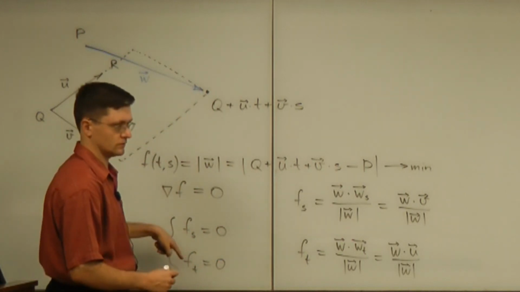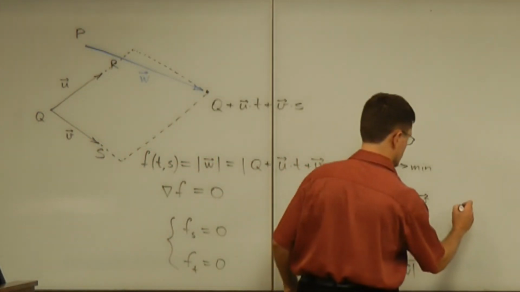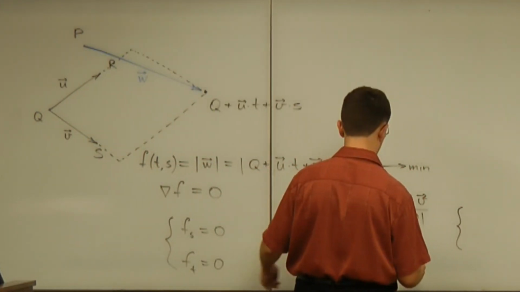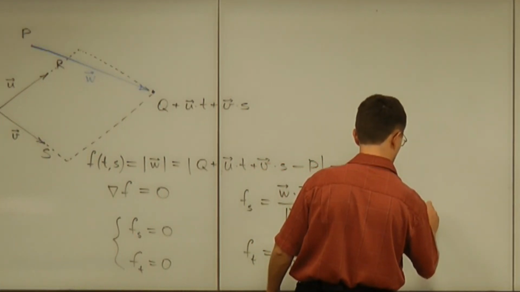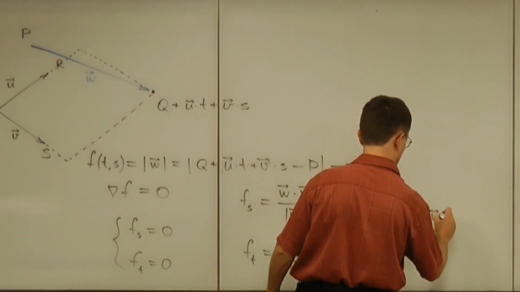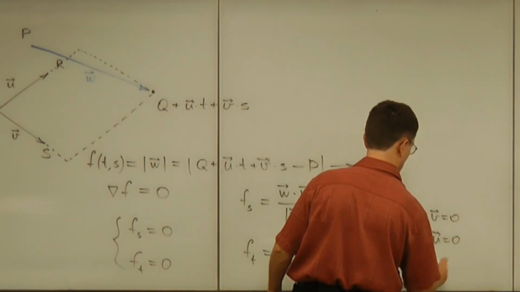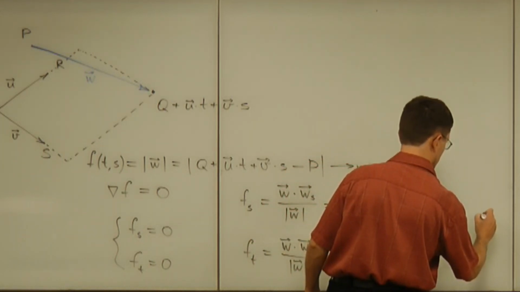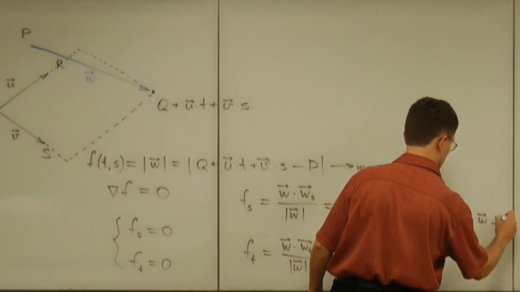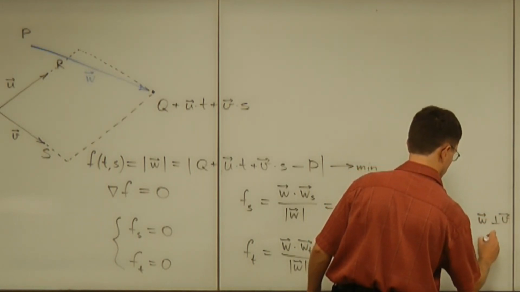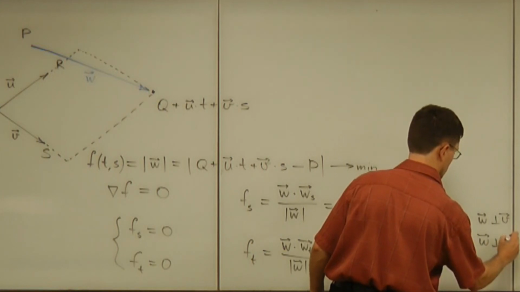So that system of two partials being 0 amounts to saying that w dot v is 0 and w dot u is 0, which means that w is perpendicular to v and also w is perpendicular to u.